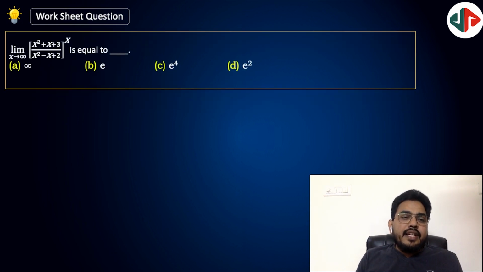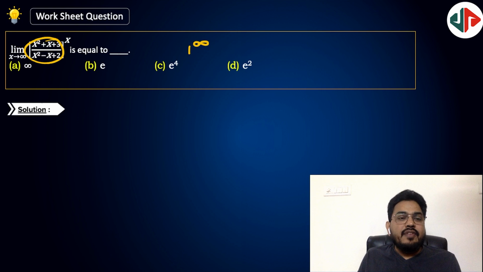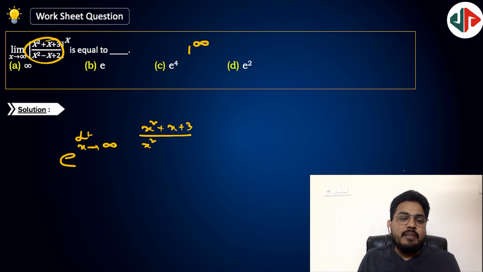x tends to infinity, so this base value is equal to 1. So this is of the form 1 to the power of infinity. 1 to the power of infinity is simply e to the power of limit x tends to infinity of (x square plus x plus 3 by x square minus x plus 2 minus 1) into x.